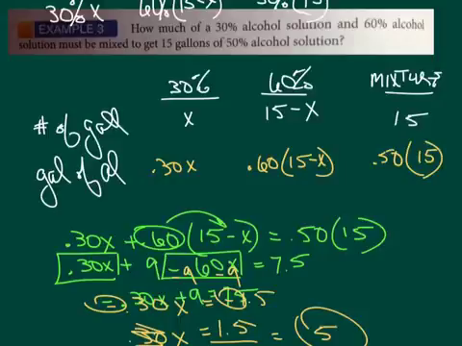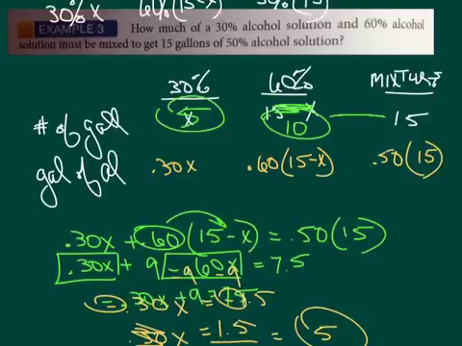So what did we just find out? We find out that x is 5. So that means this is 15 minus 5, which is 10. If we add them up, we get our 15, so that must be right. So we need to add 5 gallons of that and 10 gallons of that in order to get 15 gallons there.